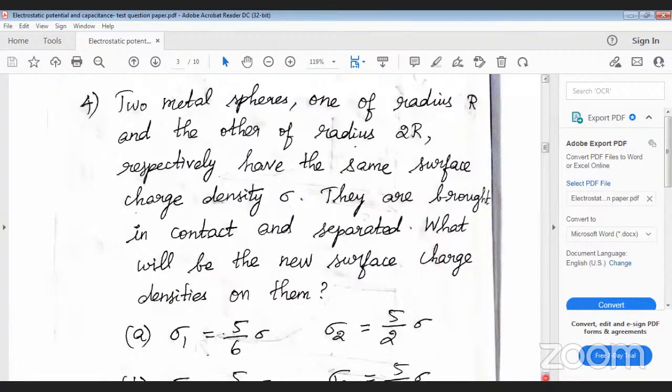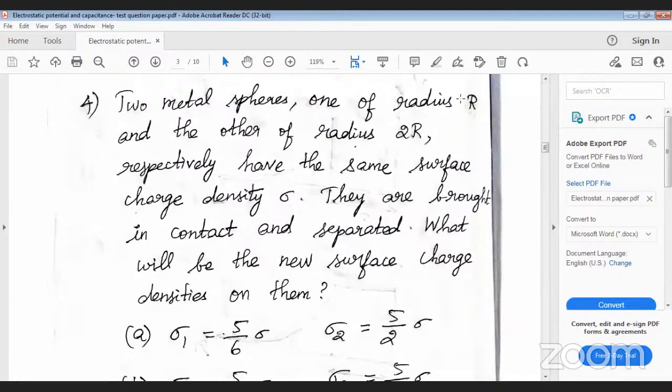Here also you are bringing in contact two metal spheres, both having some charges. So when you bring these spheres in contact, the potentials on both the spheres will become equal. Using this hint, we are going to proceed with the solution for this problem.